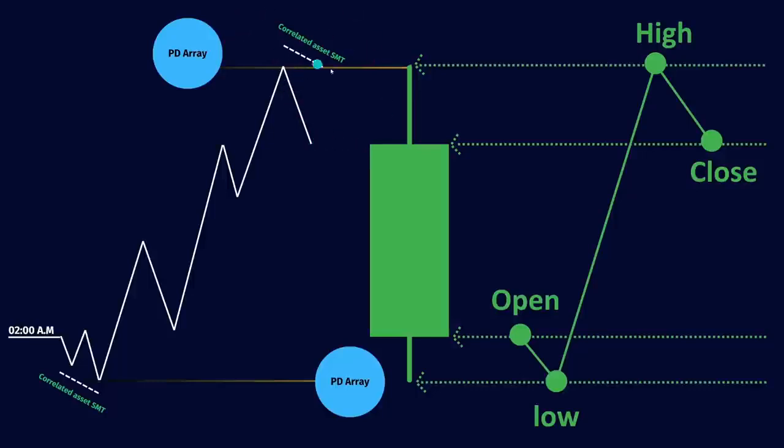But in this high, your confirmation for the end of the distribution is one SMT with one correlation market. It's the same for the low, it's the same for the high.